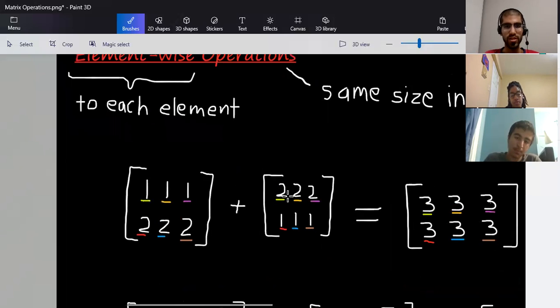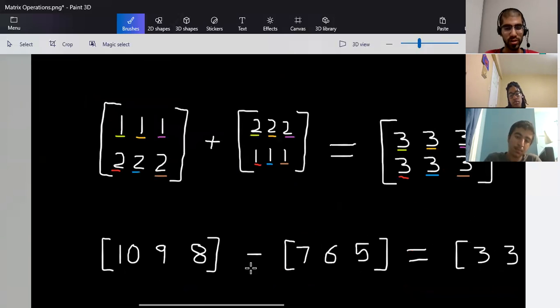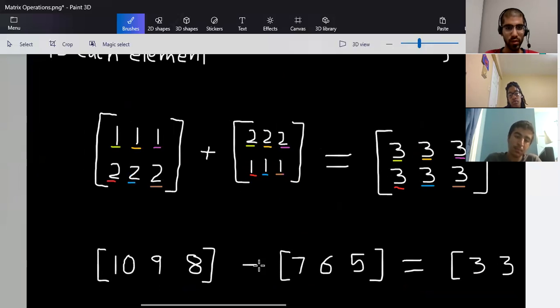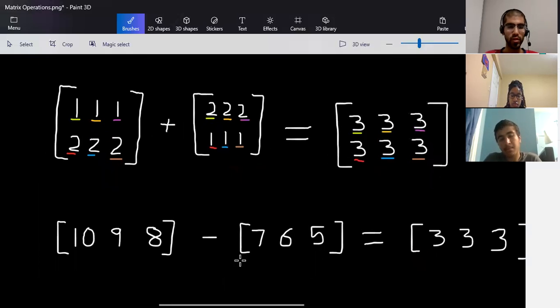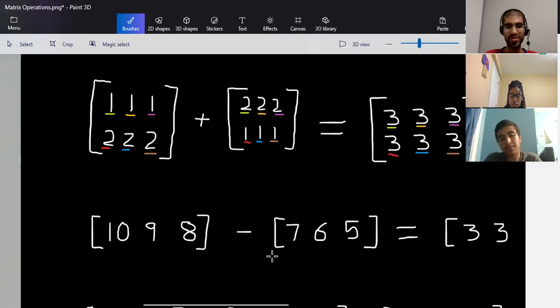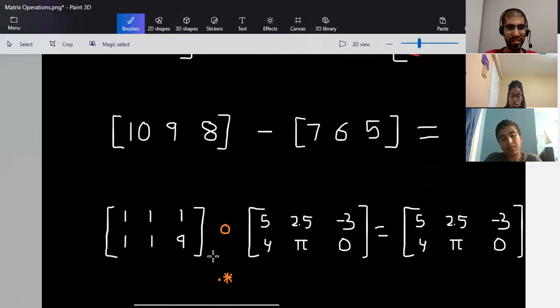Now, as you can imagine, it's the same thing with subtraction. So we have minus here, 10 minus 7, the first element, that equals 3. 9 minus 6, the second element, that equals 3. 8 minus 5, the last element, that equals 3. Again, same size in, same size out. With multiplication, I think you're starting to see the pattern. The only difference is we have these special symbols.